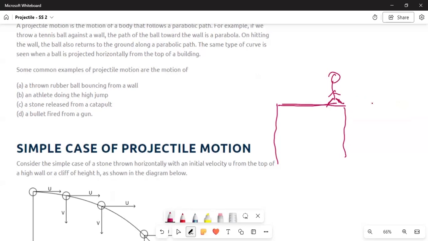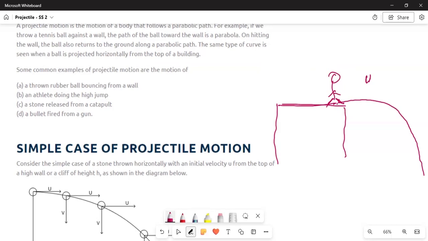We kick the ball in a horizontal manner with a certain amount of initial velocity, let's call it u. Now, as that object falls from this height, it's going to trace a curved path until it lands on the floor.